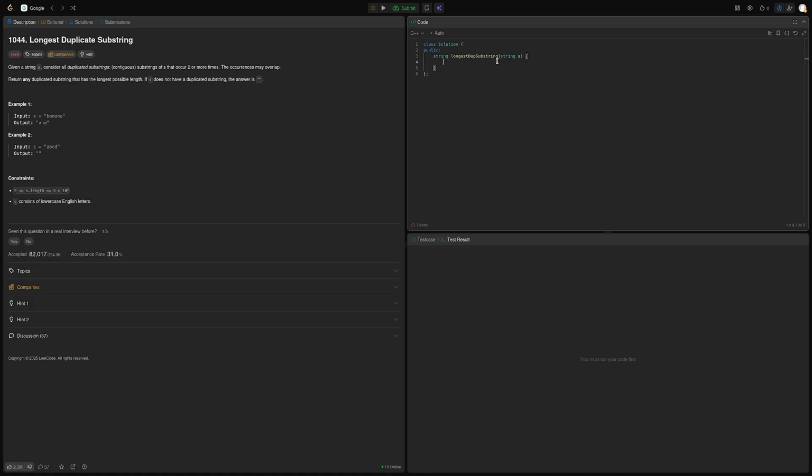Question is, do I really need LCP? Good question. I mean, the LCP length is not gonna be much, so maybe I can brute force it with the suffix array, but just maybe.